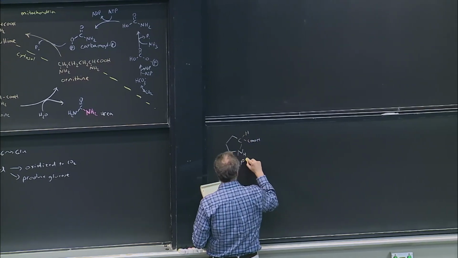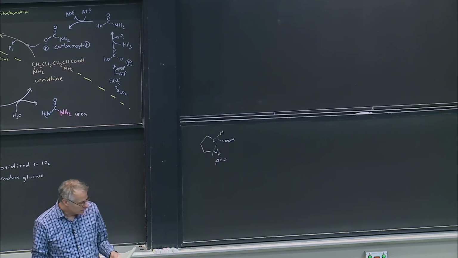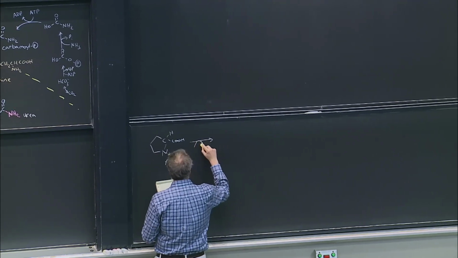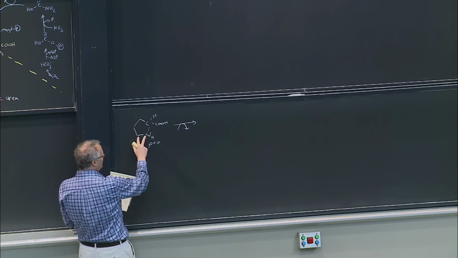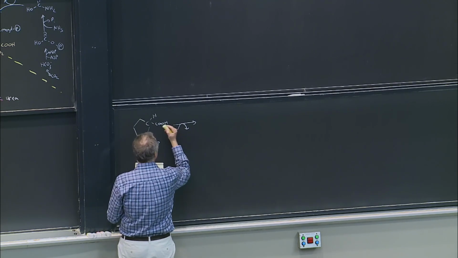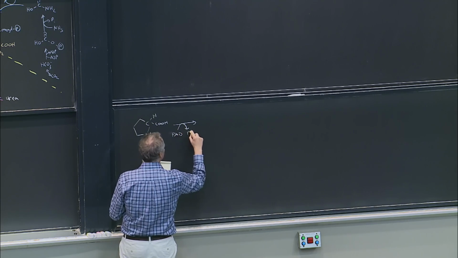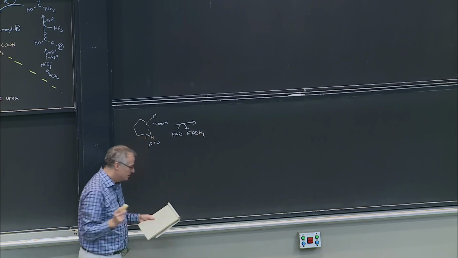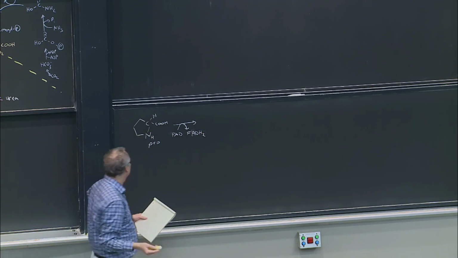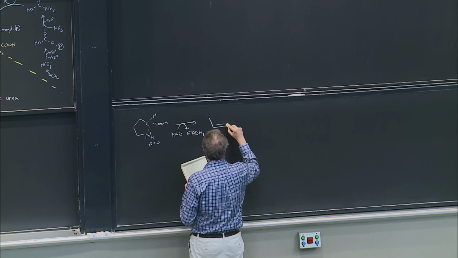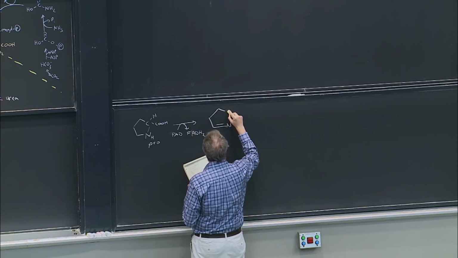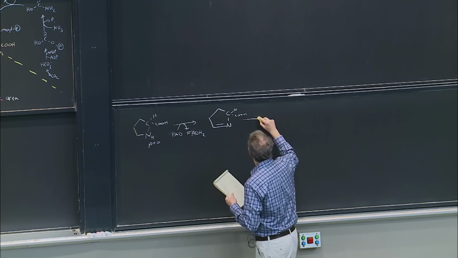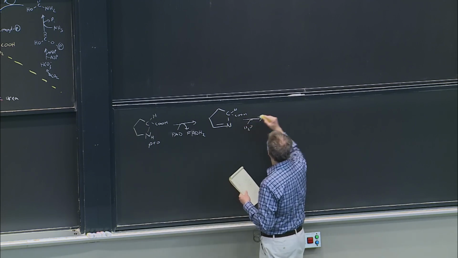So here's the amino acid proline, okay? And so proline, to show you, if we do oxidation of this carbon-nitrogen bond, that needs an electron acceptor. That electron acceptor happens to be FAD being reduced to FADH2. Okay, that generates this molecule. We can then add water across that double bond.